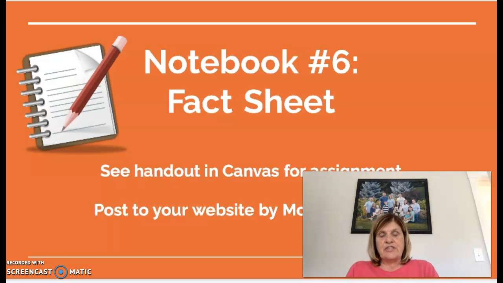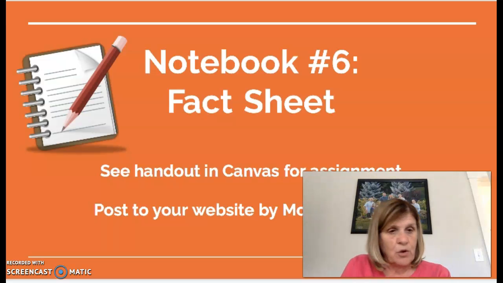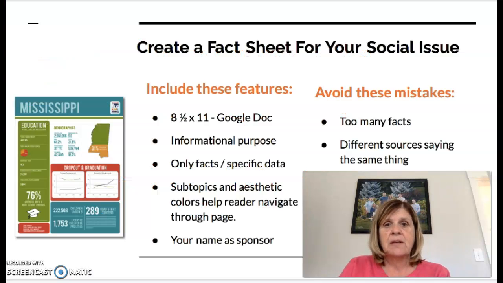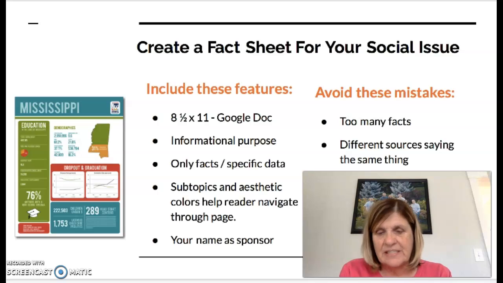Which then leads us into our next notebook activity. This assignment will be posted in Canvas today and is due 1 week from today on your English website. So it's going to be a fact sheet. And here are some of the requirements of a fact sheet.